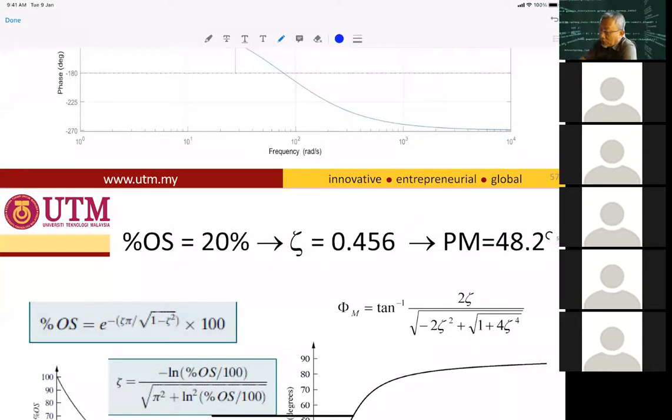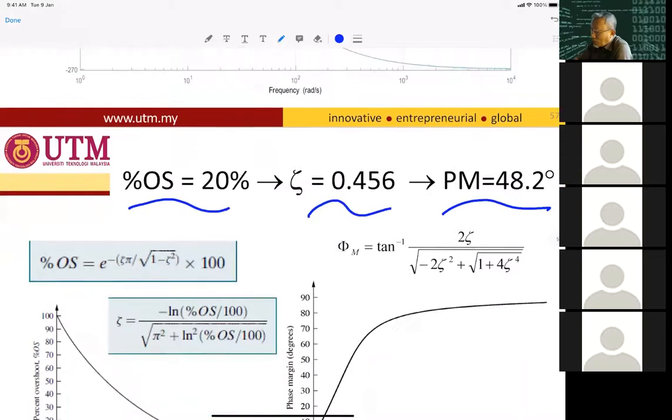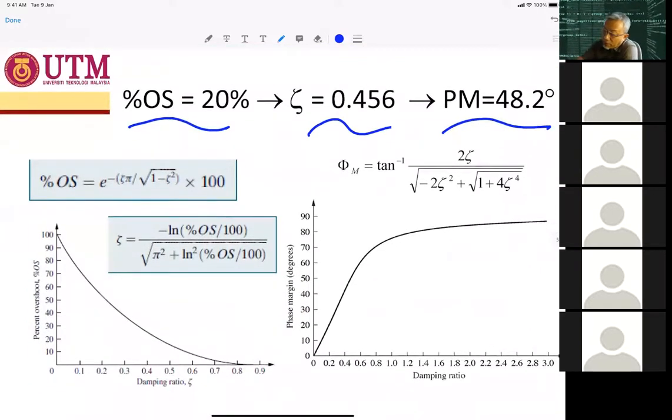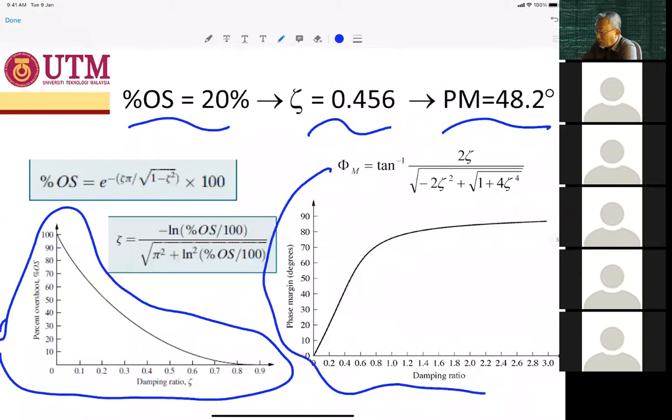So the overshoot is 20%, which gives you zeta 0.456, and the phase margin is 48.2. This is all taken from the standard graph, which shows overshoot versus zeta and phase margin versus damping ratio.